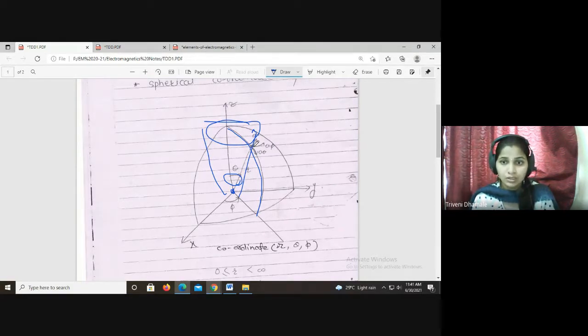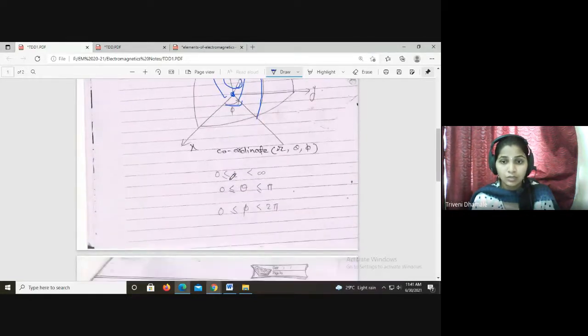Along this theta, the unit vector is a theta cap. And phi as usual is the angle measured from the x-axis to this cutting plane, so again this is 0 to 360 degrees. Now the limits: r is 0 to infinity, for theta the limits are 0 to pi, and for phi the limits are 0 to 2 pi.